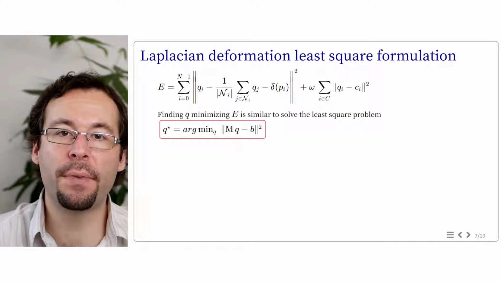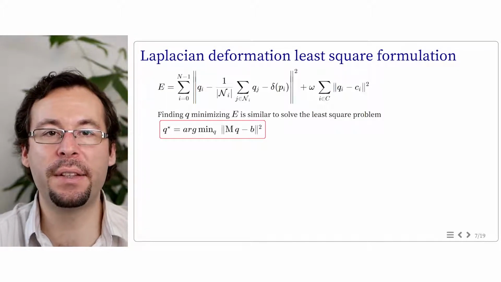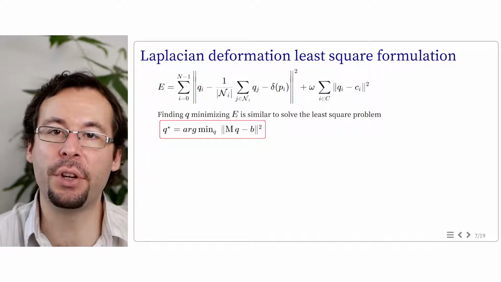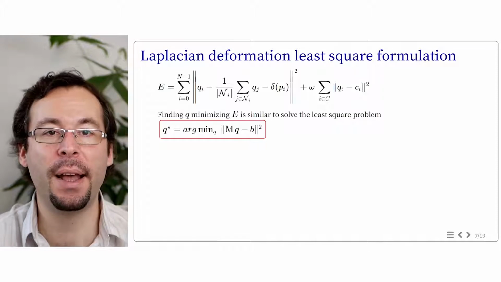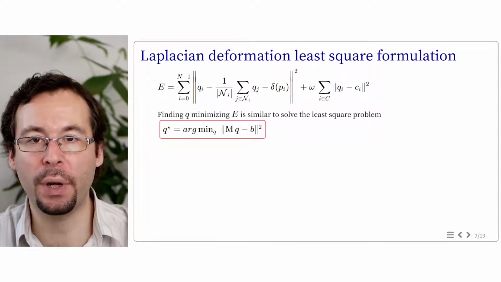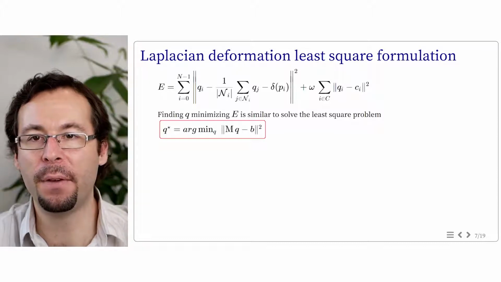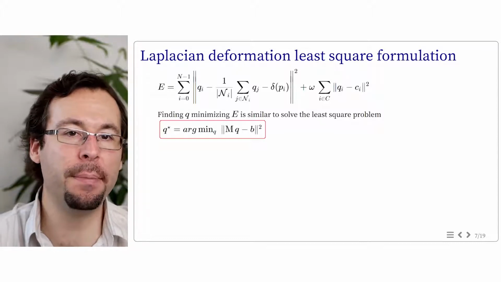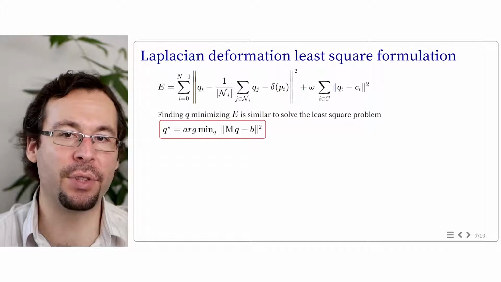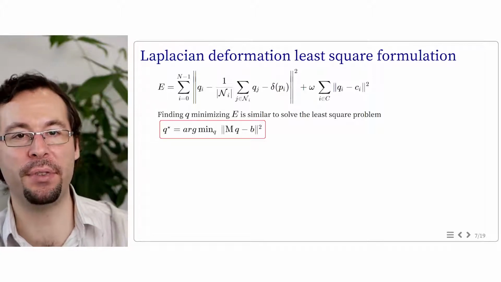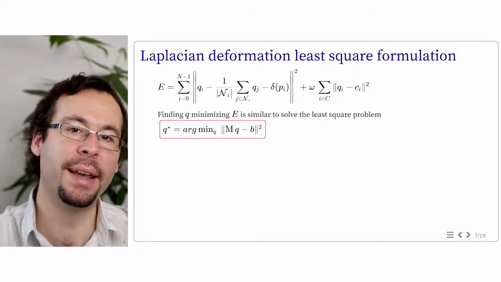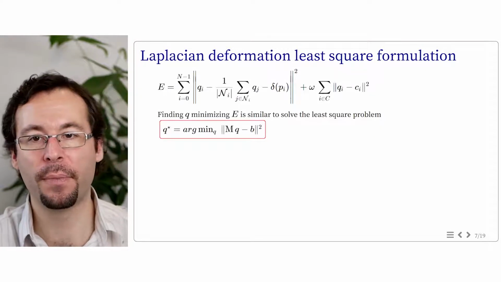For the least square formulation, we reformulate the energy in a matrix formulation with a large matrix M applied to the unknown vector q, and the constant part is in the vector b. Then we know that finding q minimizing the energy is similar to solving the least square problem associated to the set of linear equations expressed in matrix form.